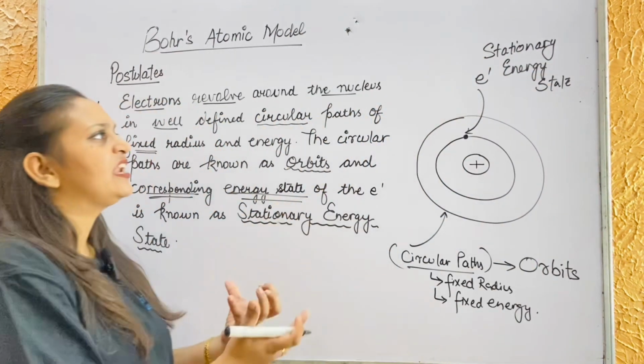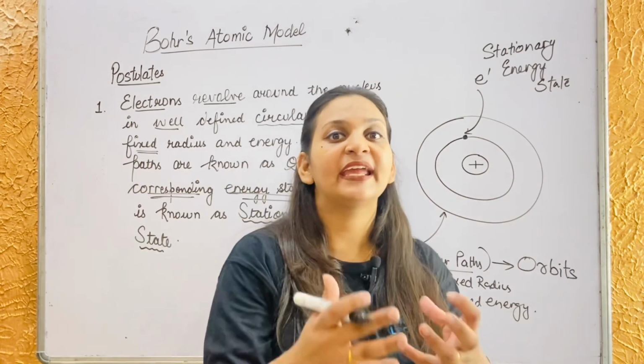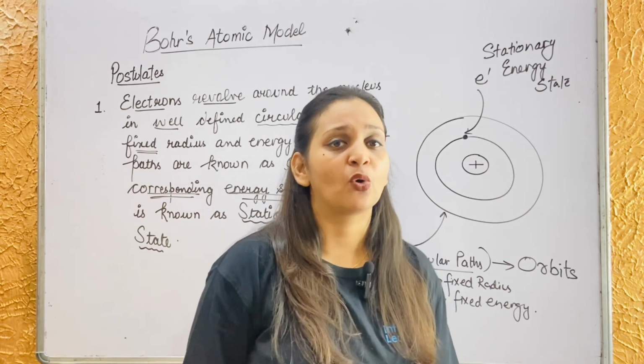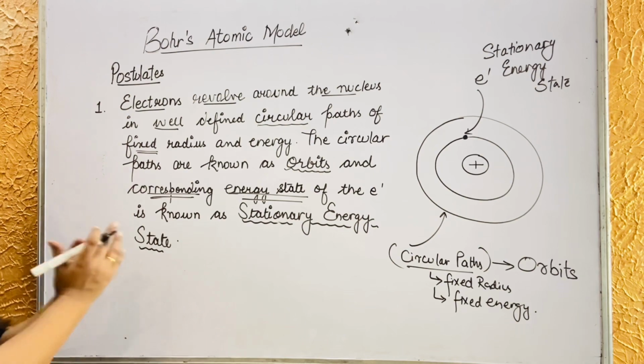So stationary energy state simply refers to the energy level in which the electron resides. So this is the first postulate of Bohr's atomic model.